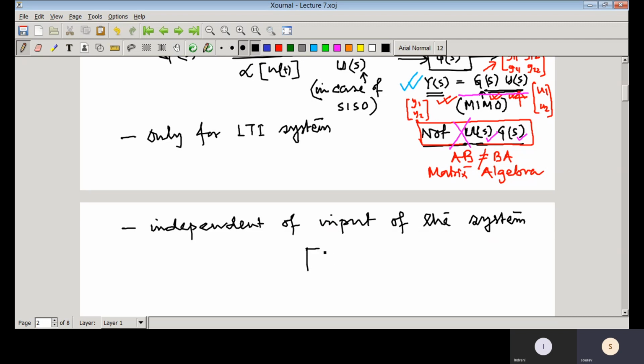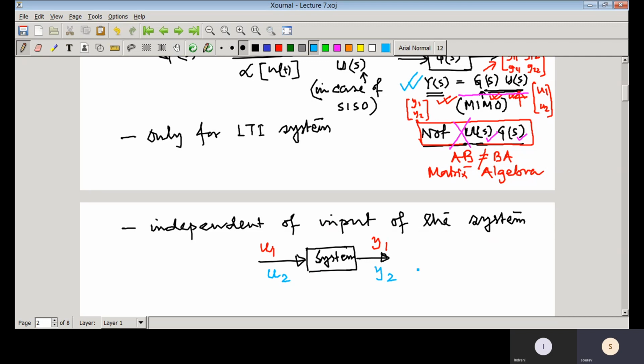Someone can say, okay, I have one dynamical system here. Now suppose I apply input U1 and I get output Y1. Then if I apply input U2, we get output Y2. Similarly, you can apply different inputs and get different outputs. Now, in all cases, would you get different transfer functions?